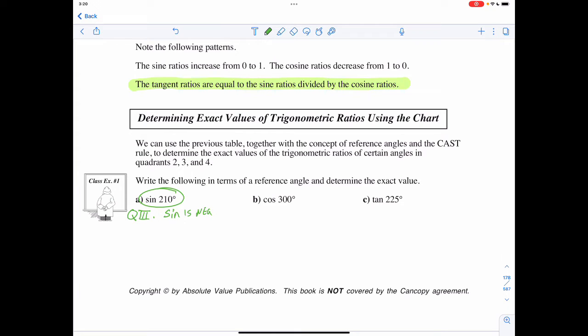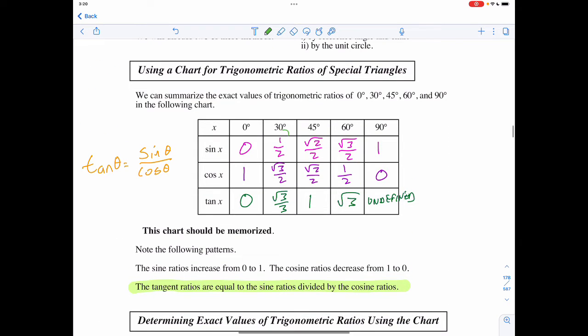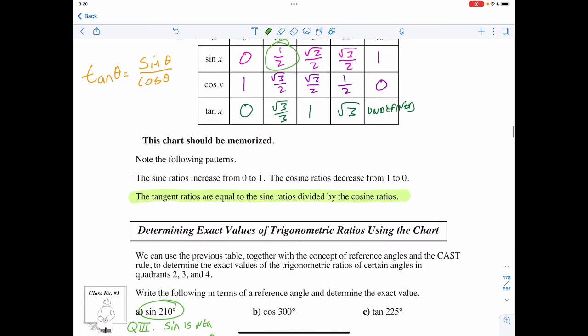I also know that my reference angle for 210 would be 210 minus 180, or 30 degrees. When sine is 30 degrees, like from our chart here, it's 1 over 2.